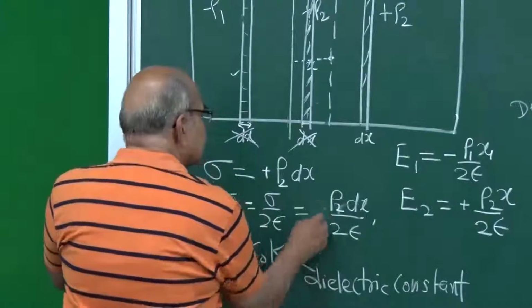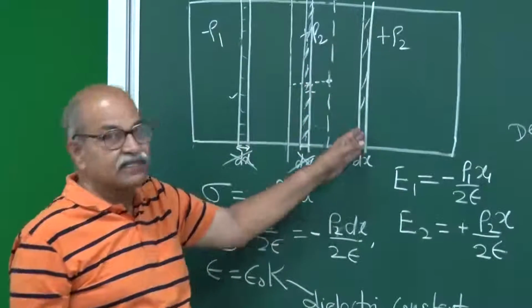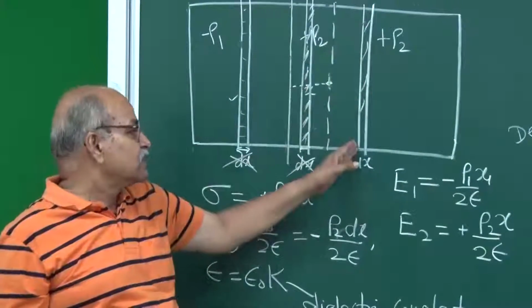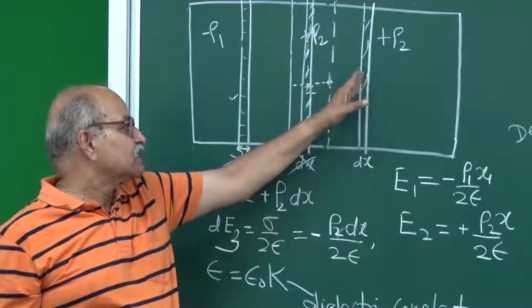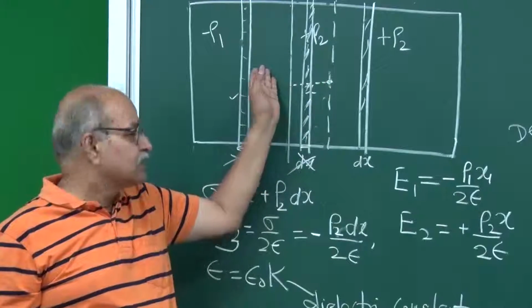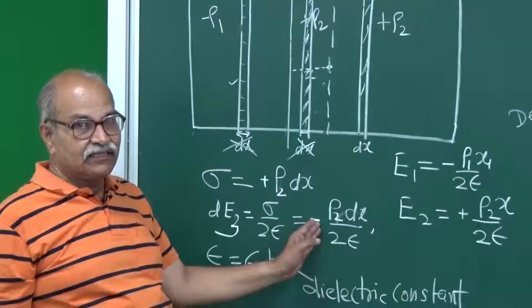This will be in the negative direction because you have positive charges here, and you want the electric field here. Because of the positive charges, the electric field will be towards the left. So we put a minus sign here. So that will be dE3.